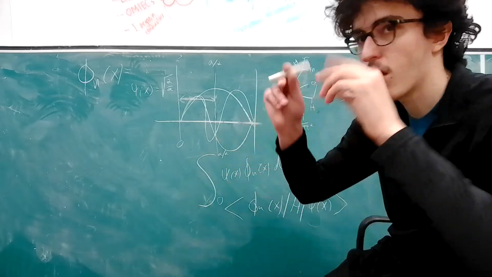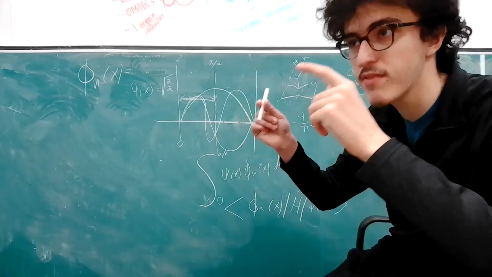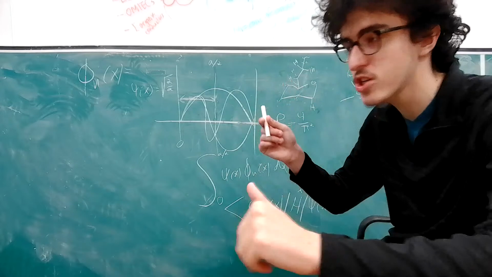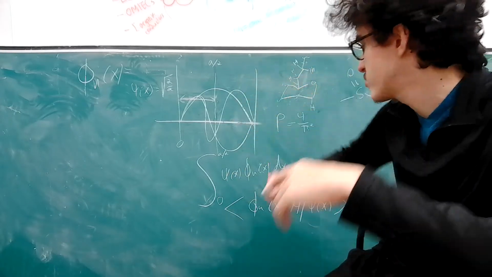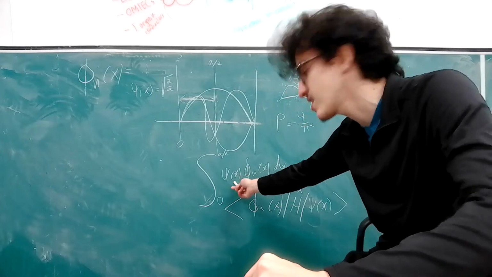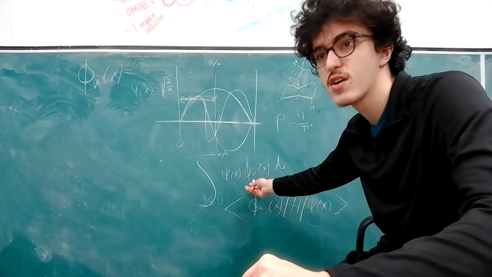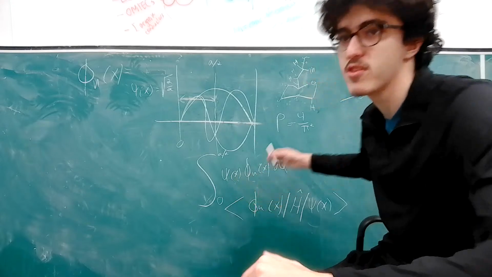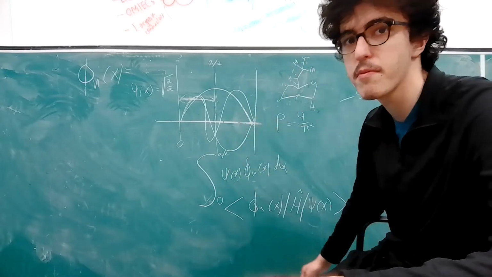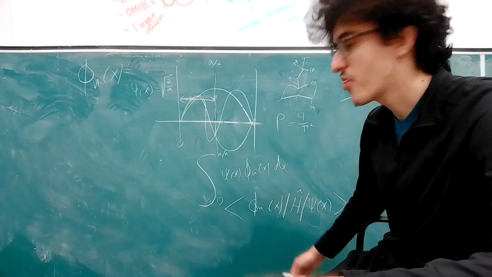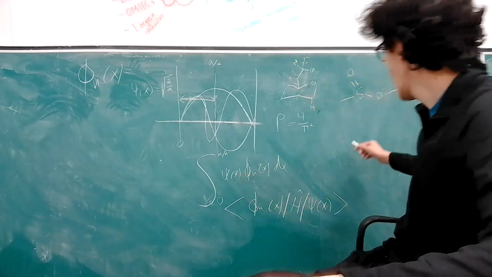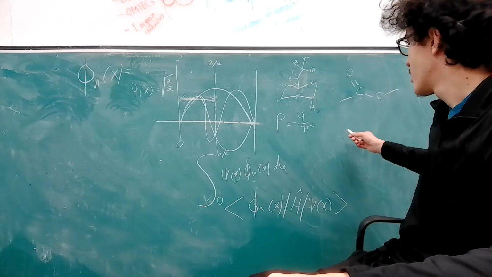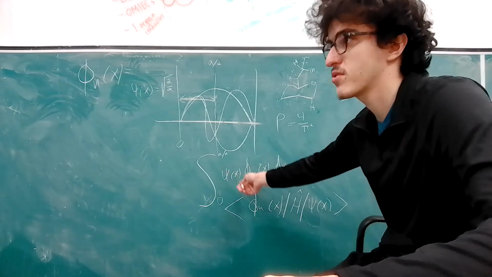You'll have a ground state wave function and an excited state wave function, and the way you would do that is literally compute the overlap between the two. So let's say this is your ground state and this is your excited state. You compute the overlap and you get a number. The bigger the number, the higher the probability. But Pat only showed you how to do it with the same functions.